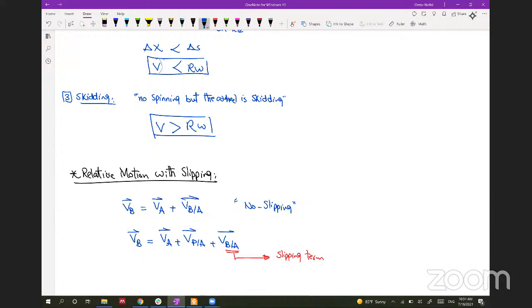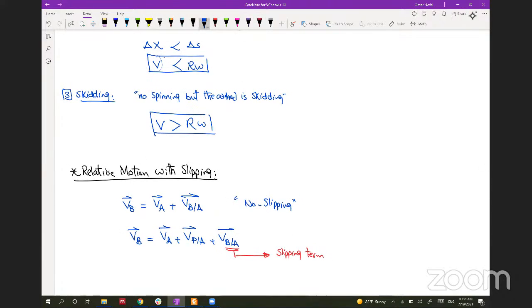Similarly, for the acceleration, we will have AB vector equal AA plus AB with respect to A, and this is no slipping.